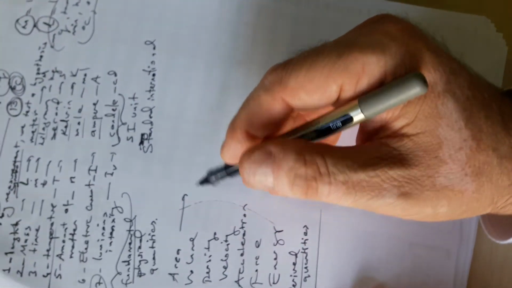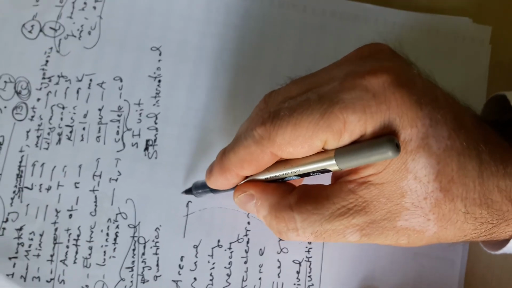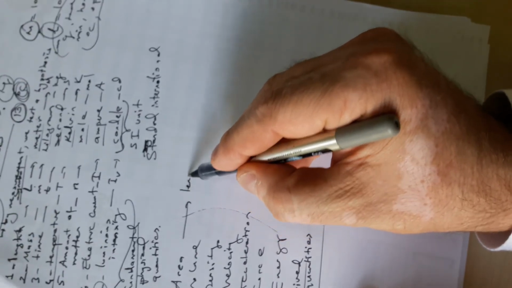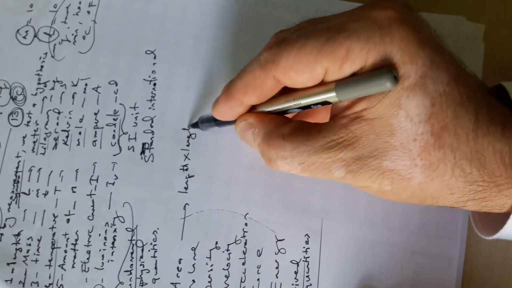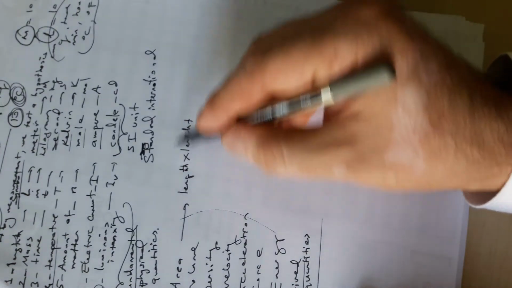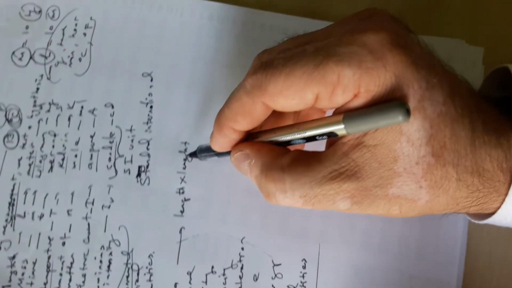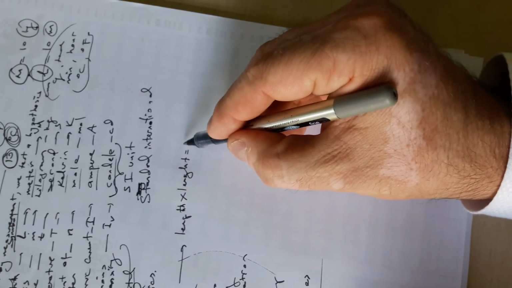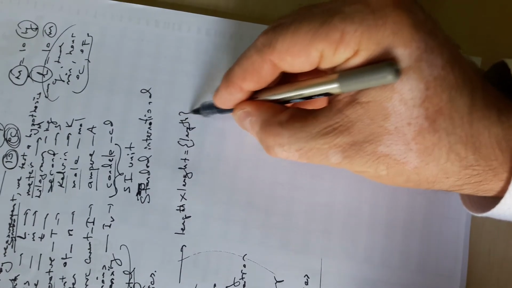For example, area is calculated by multiplying a length by another length. Sometimes one length is known as the width, but it is length times length. So when you multiply 2 lengths, the dimension of area becomes length squared.